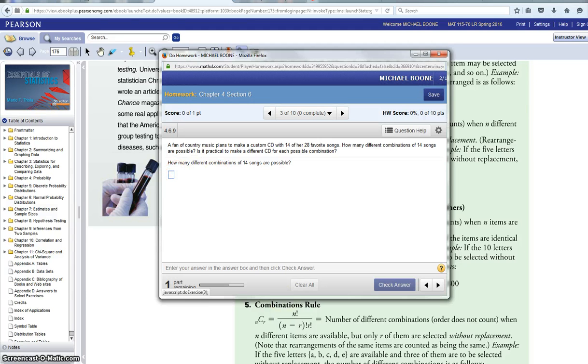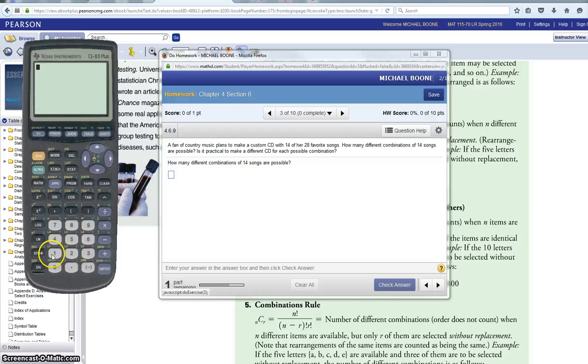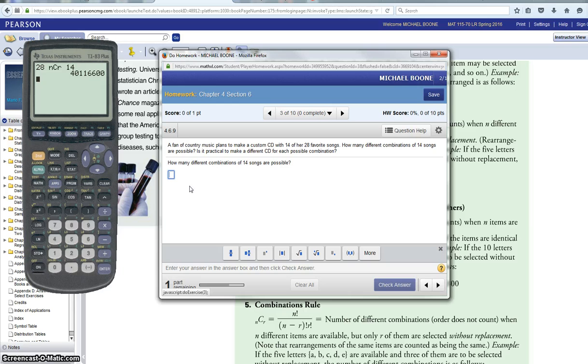So I can do this on my calculator. I want to use combinations. There's 28 songs, and under math, probability, I can go down to combinations, and I want to pick 14 of the songs. And that looks like a whole bunch of songs.